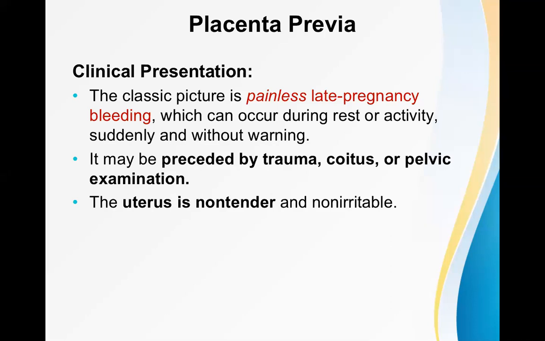Now remember, placenta is located there in the lower uterine segment, right? So the bleeding may be precipitated by trauma, sometimes by sexual intercourse, or sometimes during pelvic examination. That's why in the previous slide I clearly mentioned, do not do per vaginal examination or digital examination in case of third trimester bleeding.